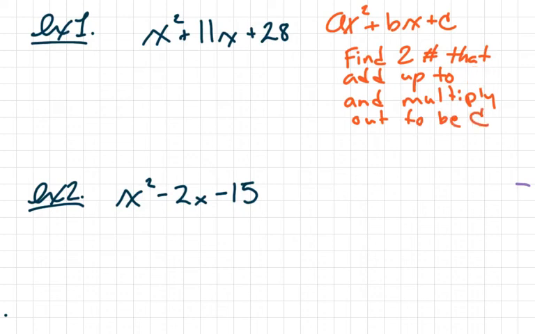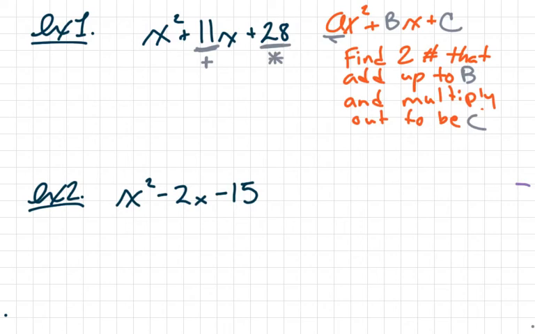Maybe I'll put these in different colors. This is going to be the b and the c. Okay, so those are the two numbers that we're worried about. Remember, this a is just a 1 in all of these problems. So I have to find two numbers that add up to 11 and multiply out to be 28.